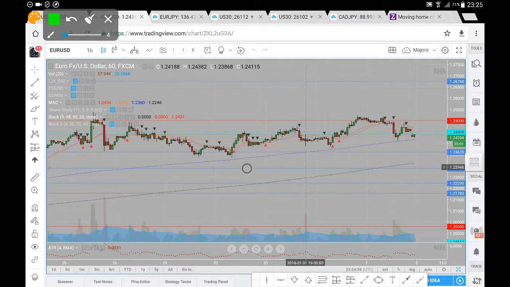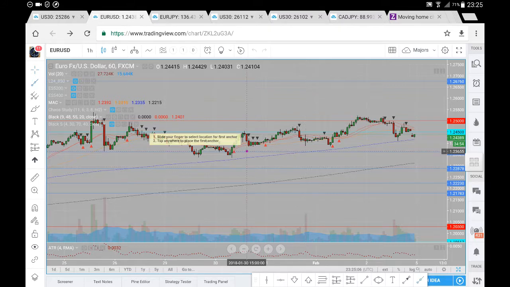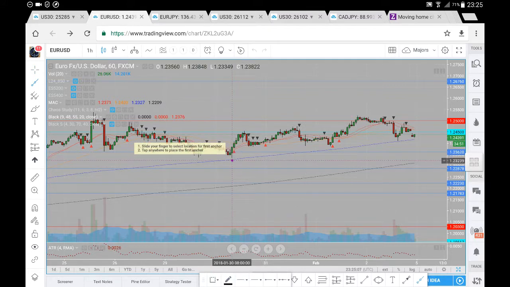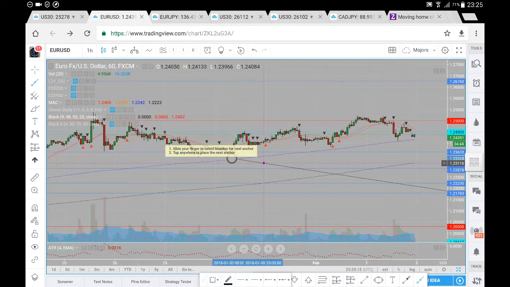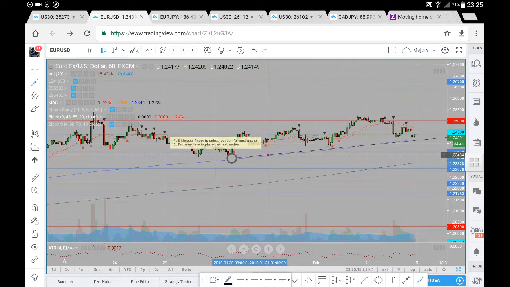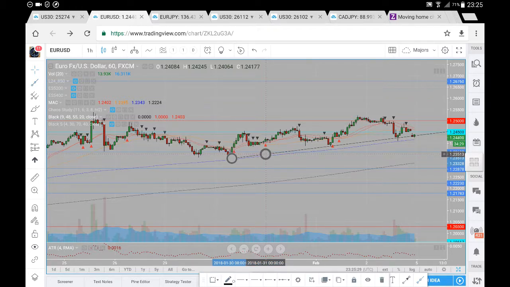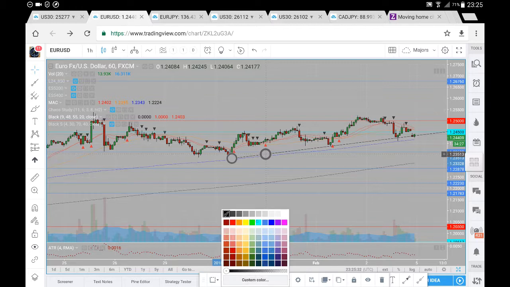moving average, but let's just see if I can get an array. Just bear with me a second here on the old euro dollar. So if we were to use this as our low, and if we were to use the array, and all we're going to do is, there we are, and let's just change our color to a green.